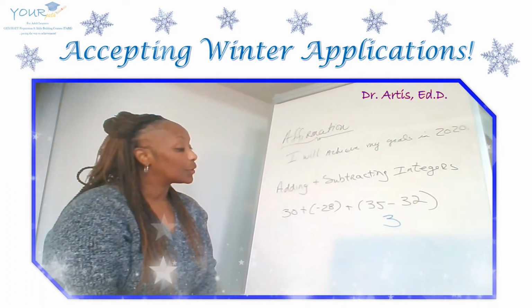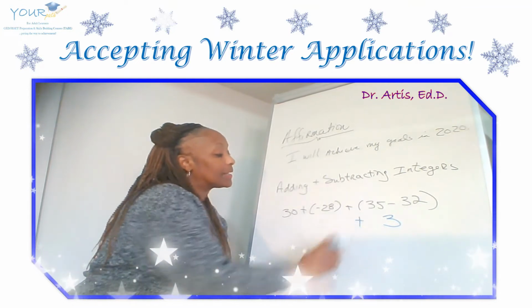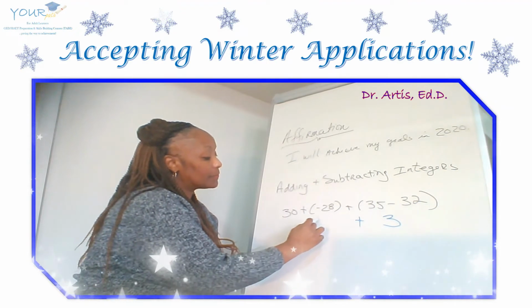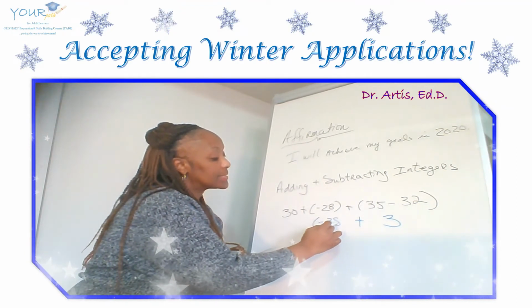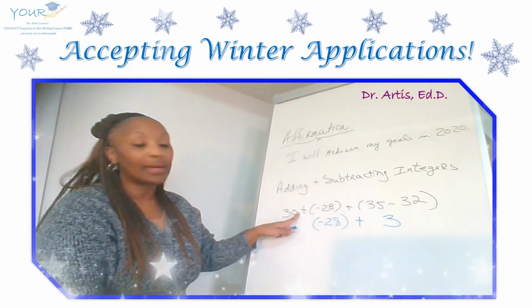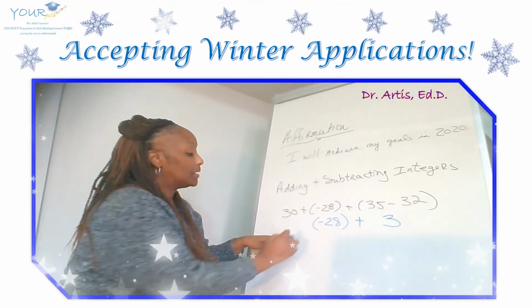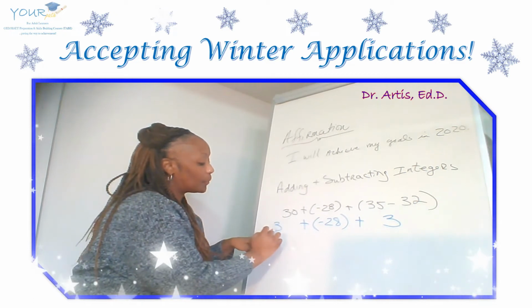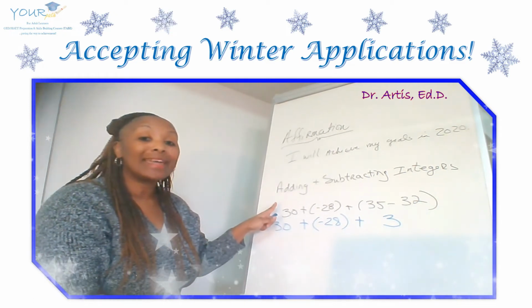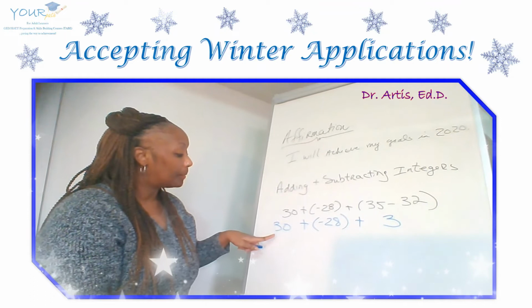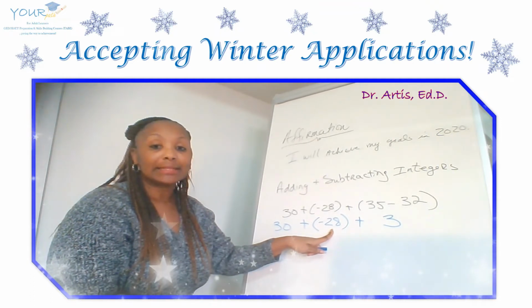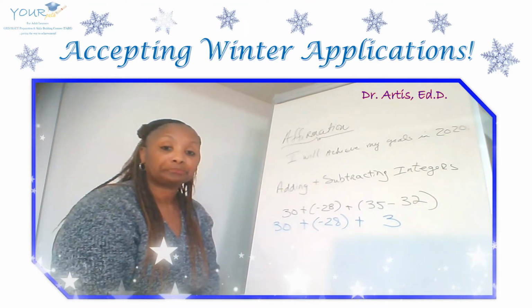The next thing we're going to do is bring down our plus sign. We have a negative 28 in parentheses. We're going to keep that here simply because we also have this plus sign here. So we're going to bring down our plus sign as well as our 30. Now we have simplified this problem, and we have 30 plus negative 28 plus 3.